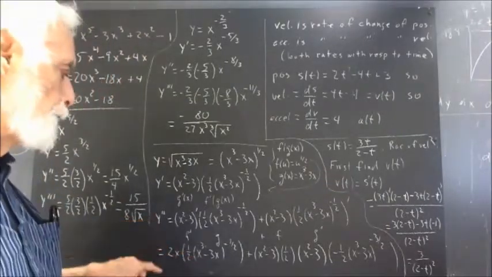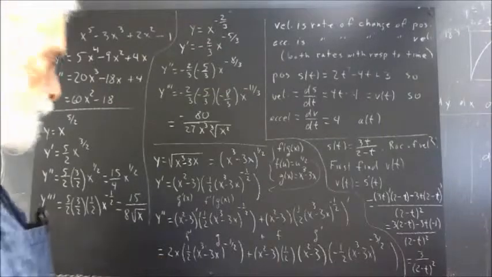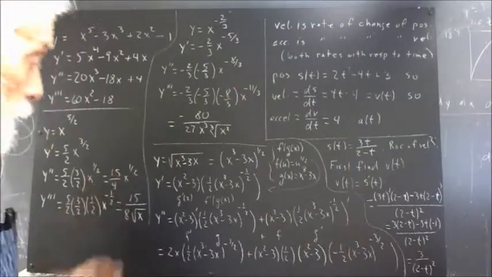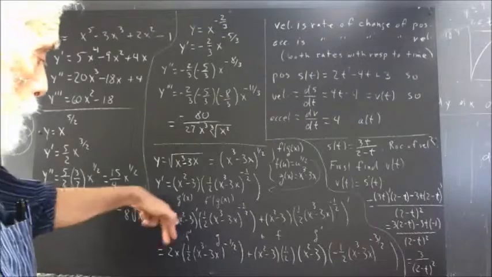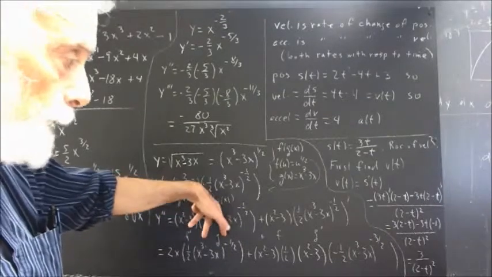When we take a third derivative, if we need to take a third derivative, we probably don't really want to, but if we need to, we're going to have the derivative of this times this plus this times the derivative of this.